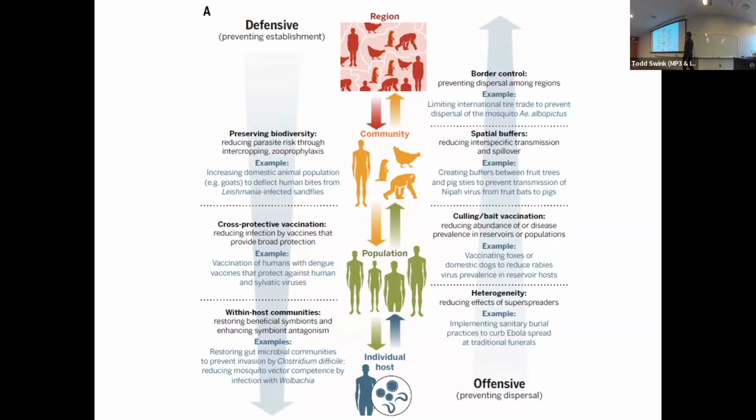So for example, and this was really important during some of the Ebola outbreaks, the traditional funerals were really important aspects of transmitting the virus. So by implementing more sanitary burial practices, you can really take a lot of that heterogeneity away and really stop that transmission or really reduce it.